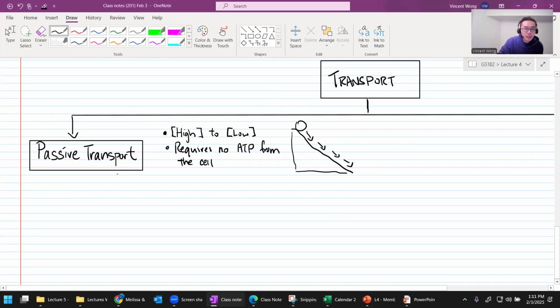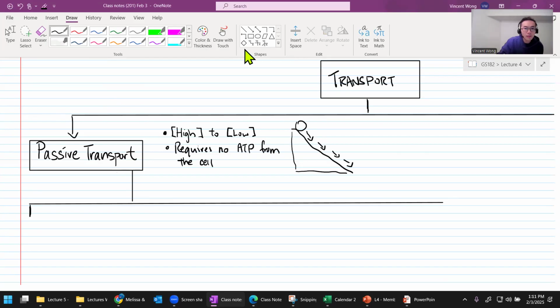Now for passive transport, there are different kinds of examples. We can start with simple diffusion. Okay, so we're going to have three examples here. I don't know how you're going to divide up the space. I'll try my best here. Let's start over here.